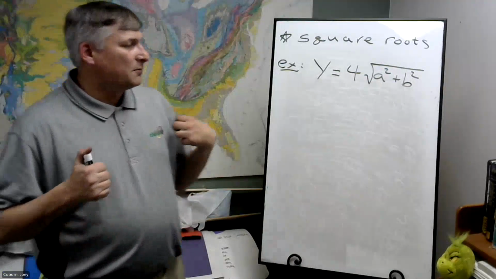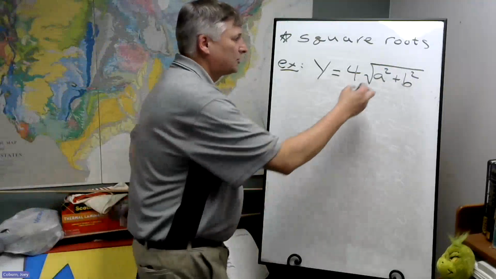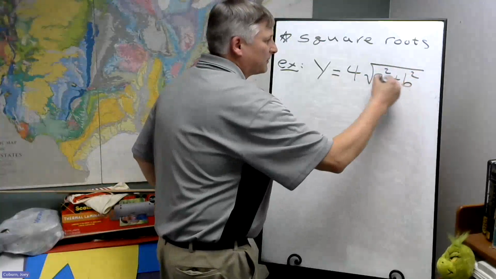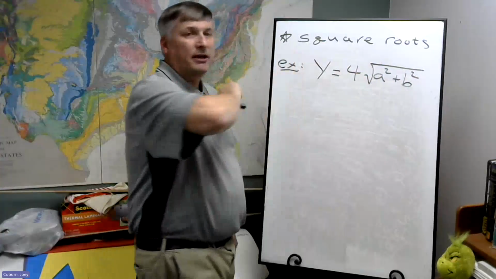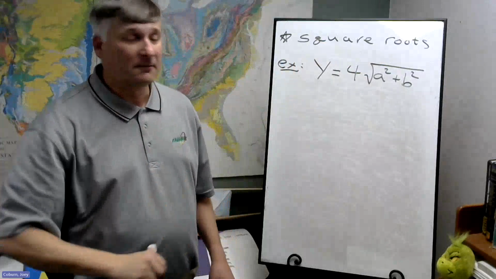So if you recall order of operations, in square roots, we've got to turn this into a number first, then take the square root, and then we can apply arithmetic from the outside.